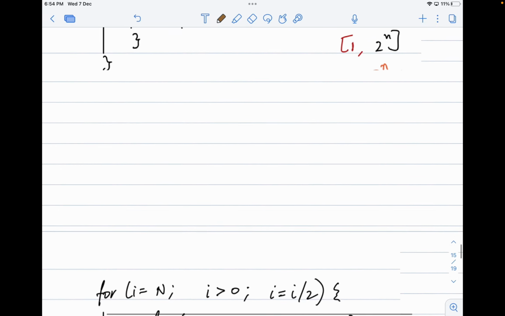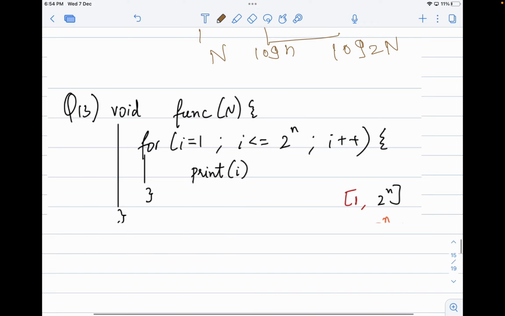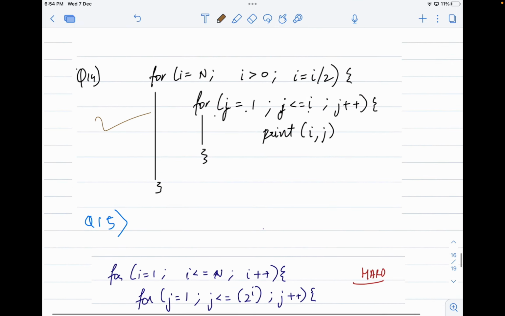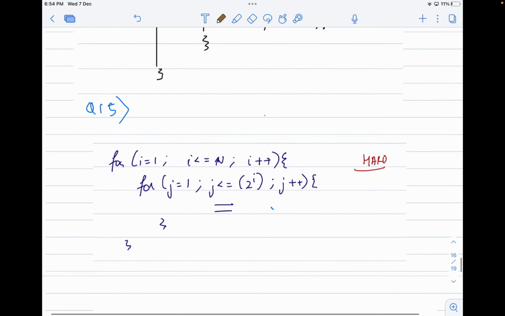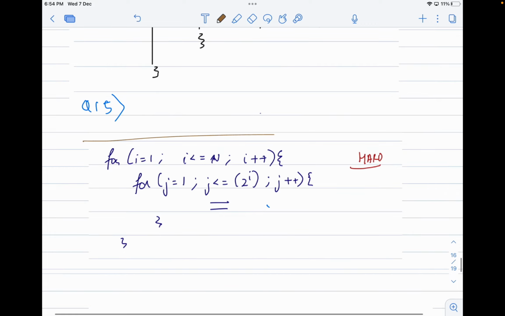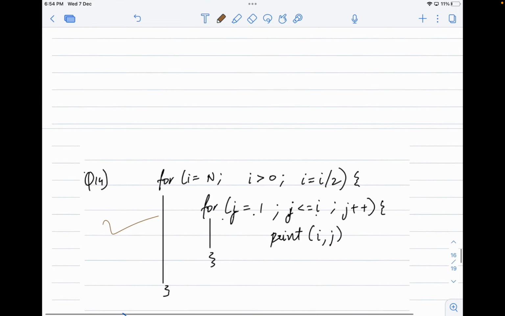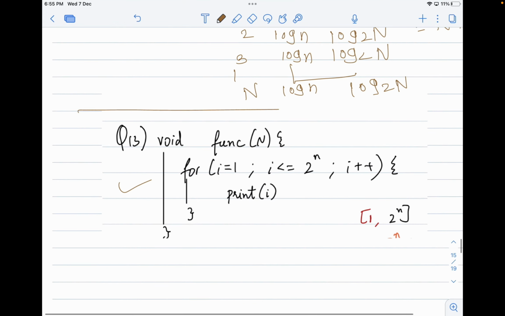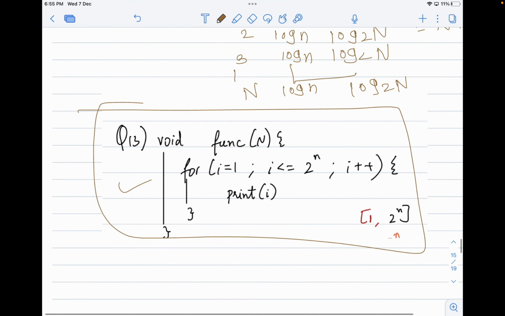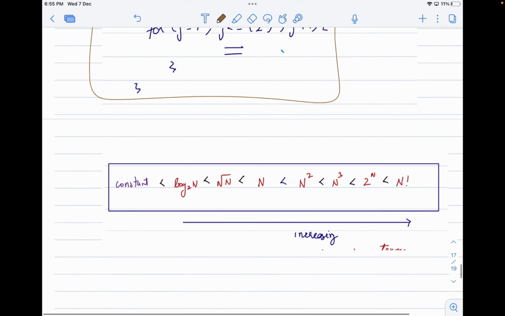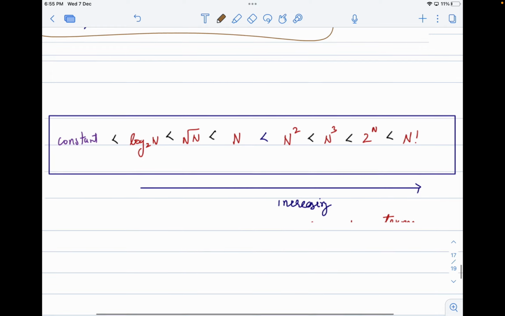This one you try yourself, and this one also, and this also. These three I have given as homework. You can stop the video, take a picture, and try to solve it in your notebook.